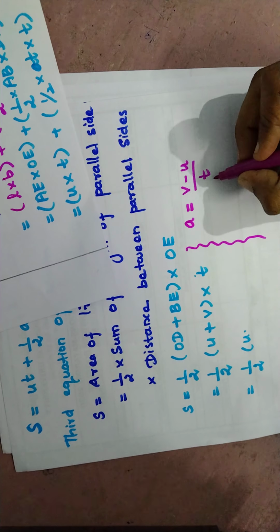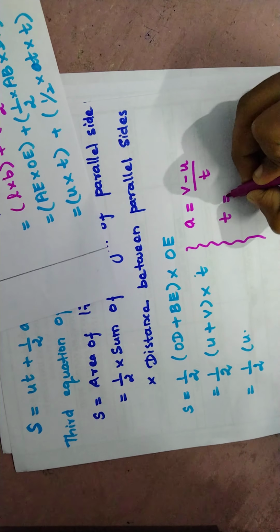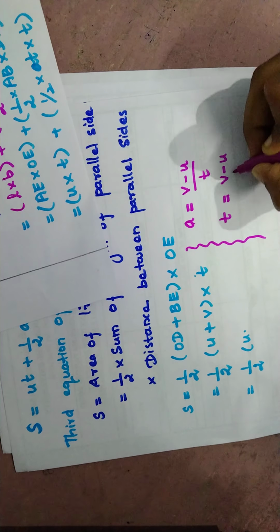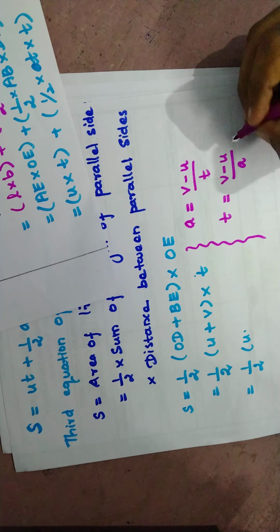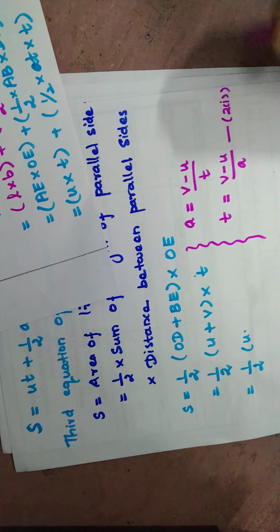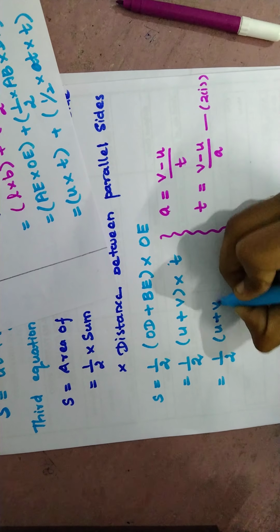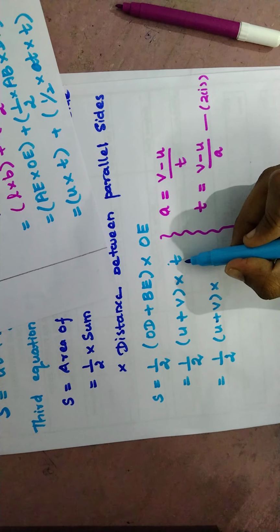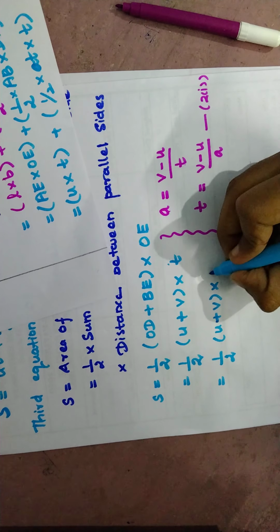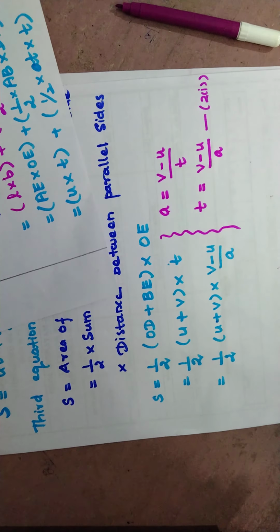From this, interchange a and t. So t is equal to v minus u divided by a. Substitute this equation, equation 2.1, into this equation, that is u plus v into, for the value of t we write v minus u divided by a.